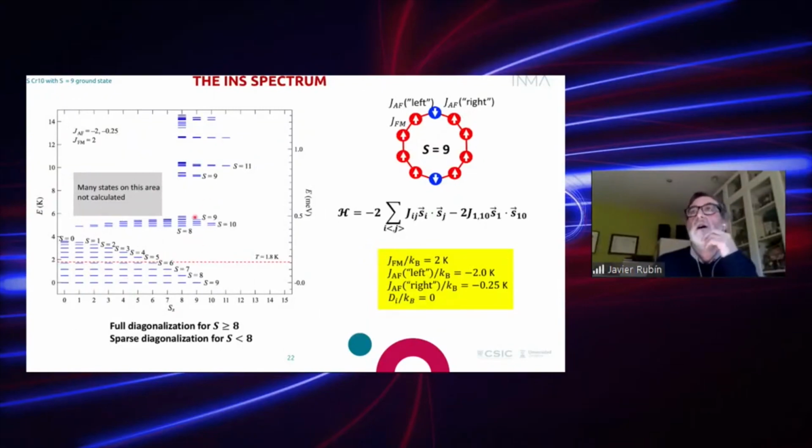Just to clarify how it works, I have put this, which is without anisotropy.